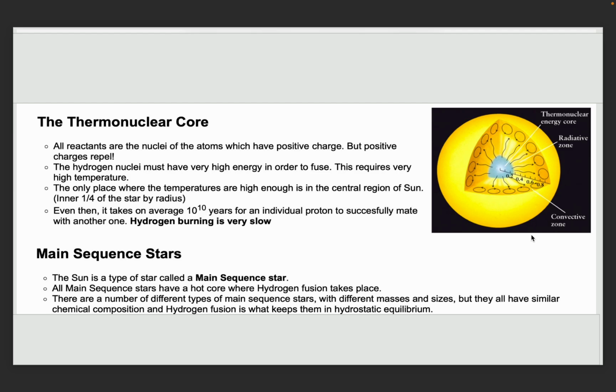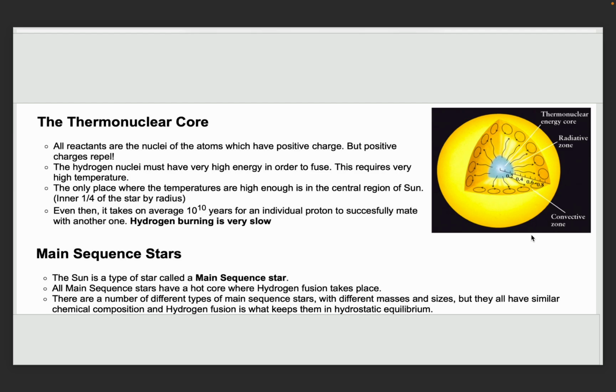The only place where the temperature is high enough is in the central region of the sun, about 1/4 of the sun's total radius. Even then, it takes on average 10 to the power 10 years for individual protons to successively meet each other. Hydrogen burning is very slow.